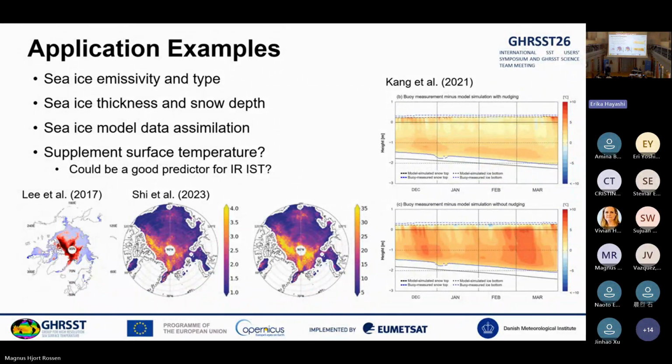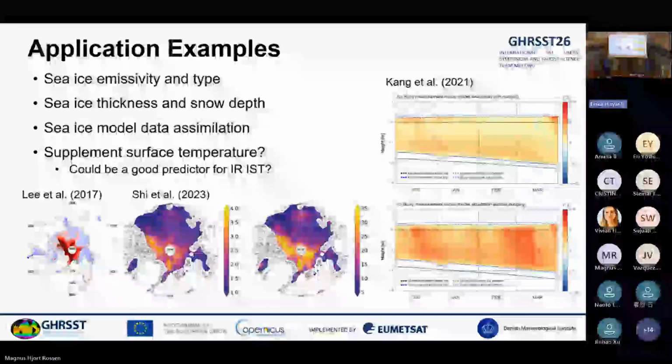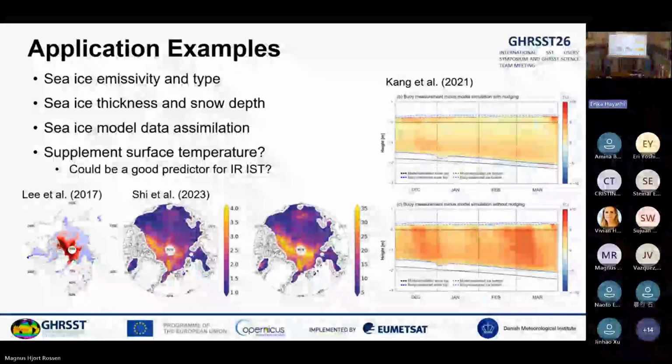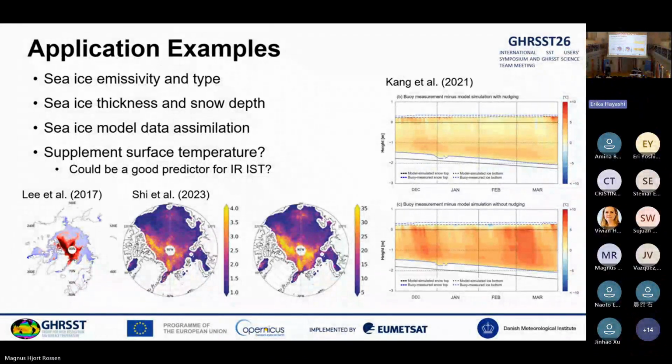On the right, you can see the warm bias in the sea ice model has significantly improved when both infrared IST and microwave IST were assimilated into the ice model.